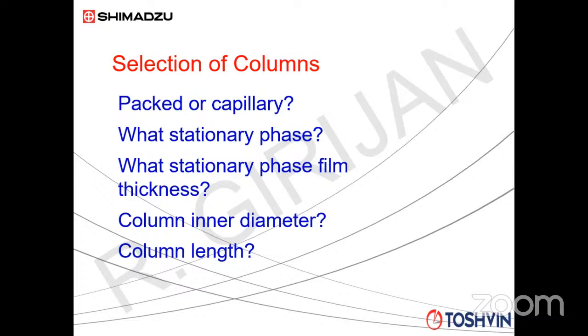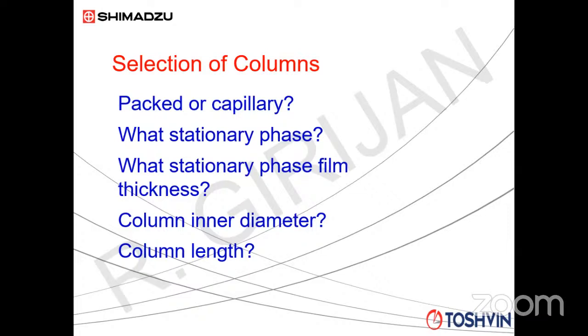And what is the column inner diameter? The capillary column is a very, very fine thin tubing made of silica. And there are 4 different inner diameters available: 0.1 mm internal diameter, 0.25 mm, 0.32 mm and 0.53 mm.